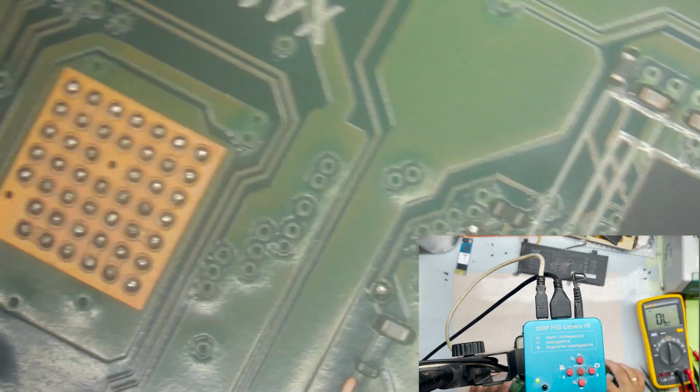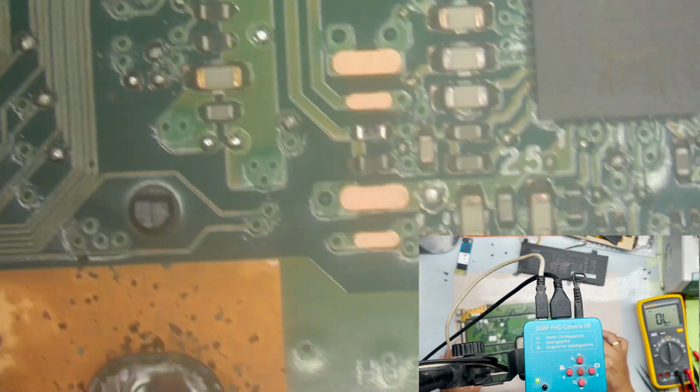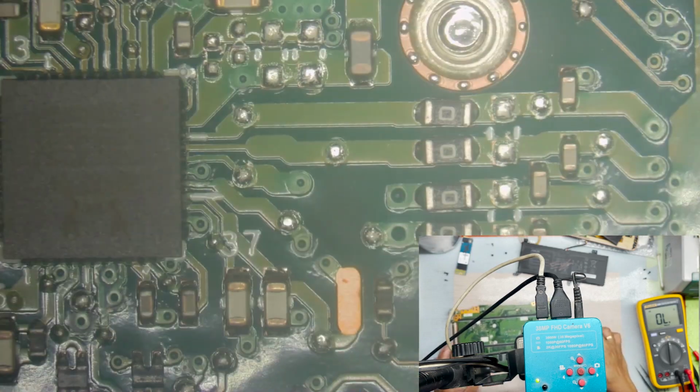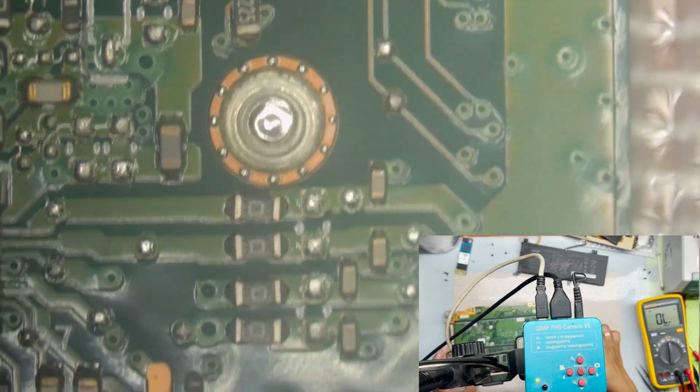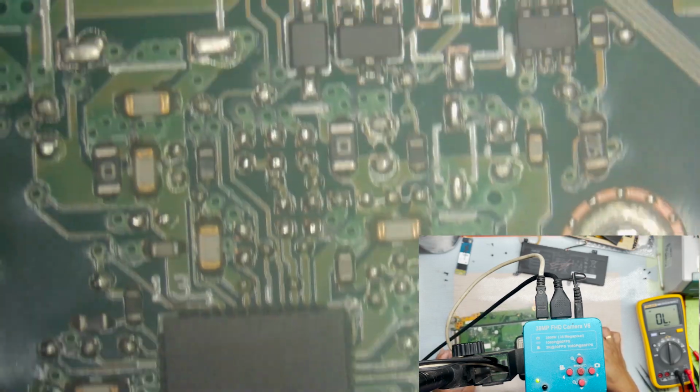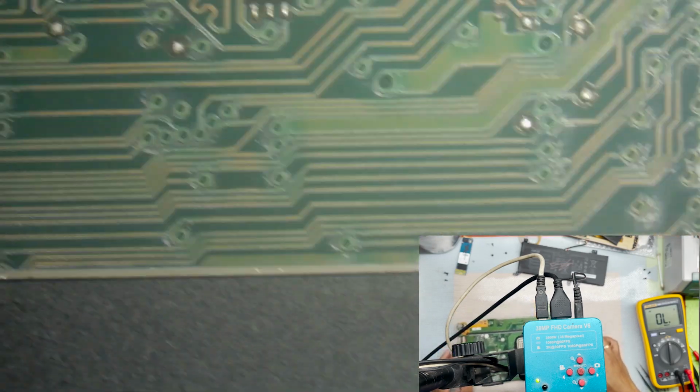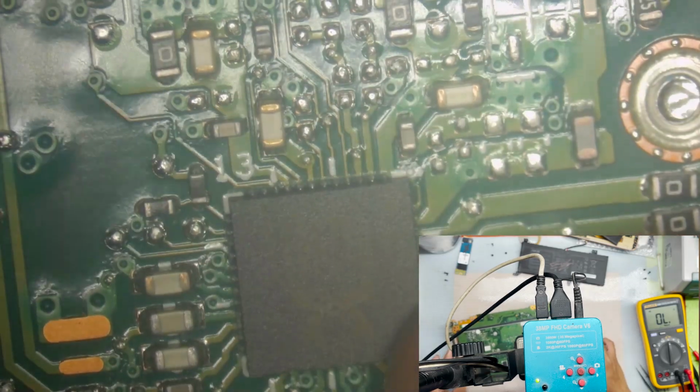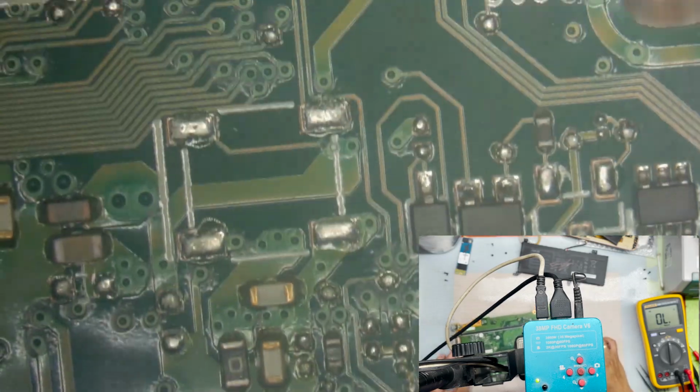Try to look for the obvious physical burn of the component. That's RT, it's the sound card.